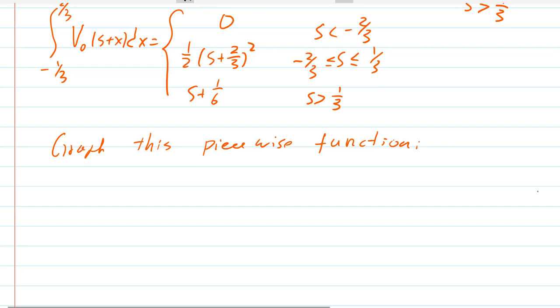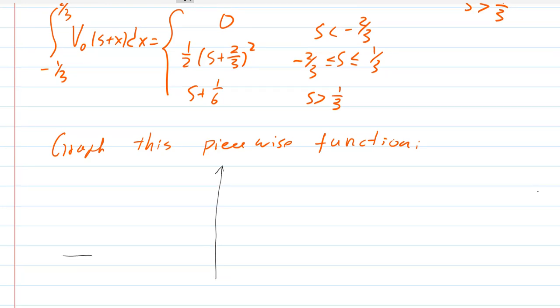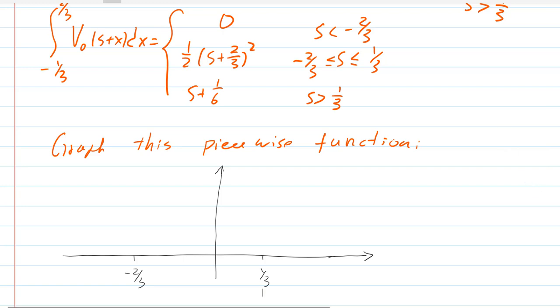We have 3 pieces, and we're going to draw a rough graph over here. So we have dividing points at negative 2/3, and here we have 1/3, right? So it's easy to graph the first piece. If s is less than negative 2/3, it's going to be 0. So we're going to have 0 over here.